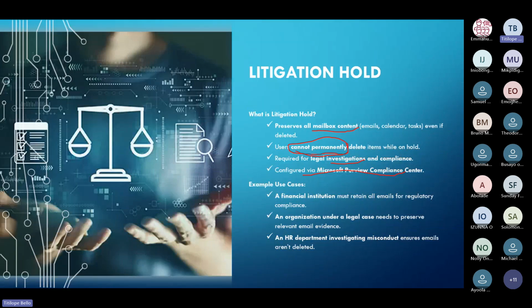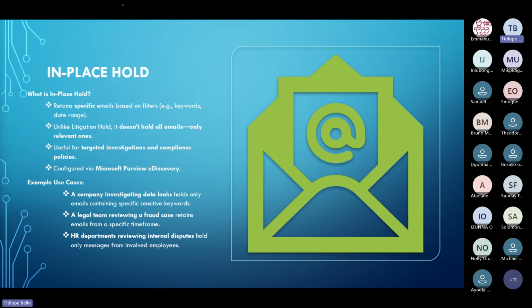Okay, going back, now the next kind of hold is the in-place hold. It's similar to the litigation hold. What this one does is give you a selective approach compared to the litigation hold.